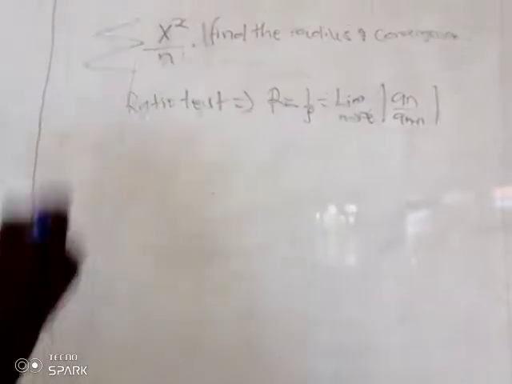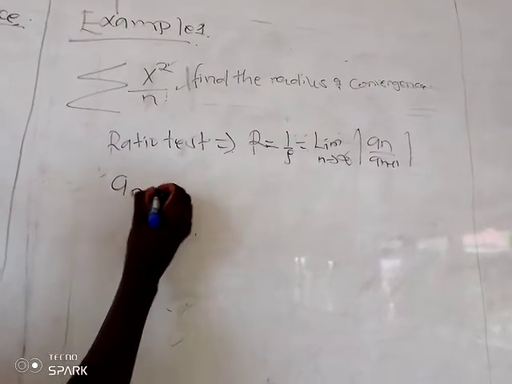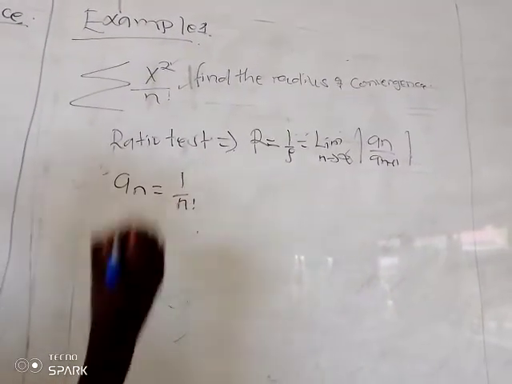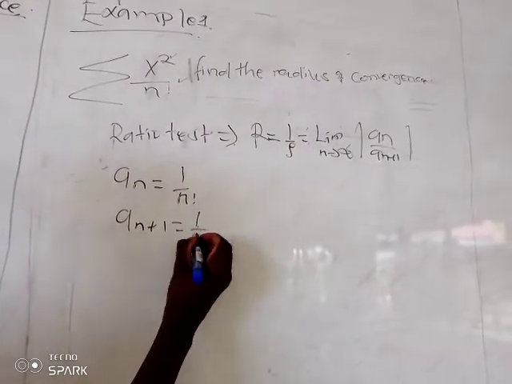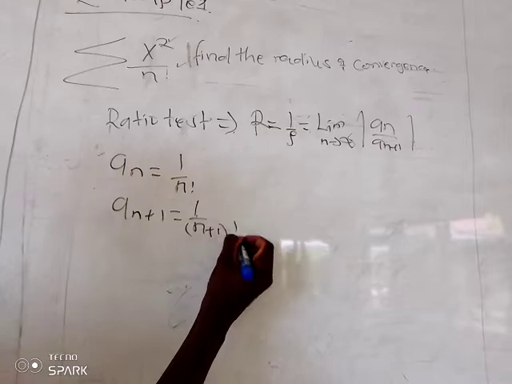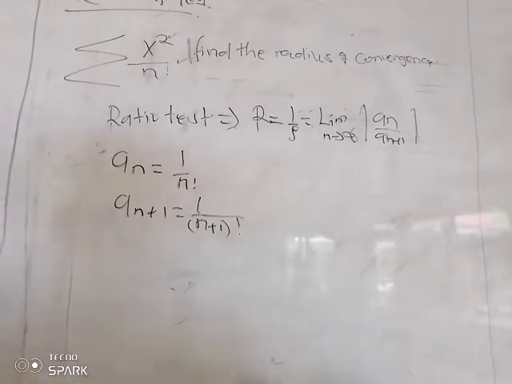And we need to identify our an in that problem, which is 1 all over n factorial. And our an plus 1 is now 1 all over (n plus 1) factorial.